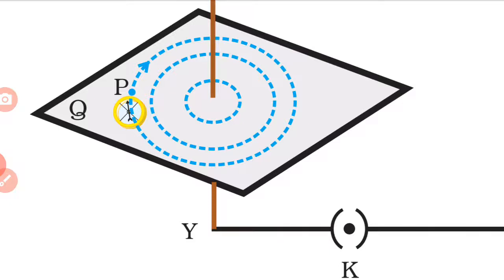So from this activity, H.C. Ørsted concluded that the magnetic field is directly proportional to the electric current, and the magnetic field decreases inversely with distance while moving away from the conducting wire.